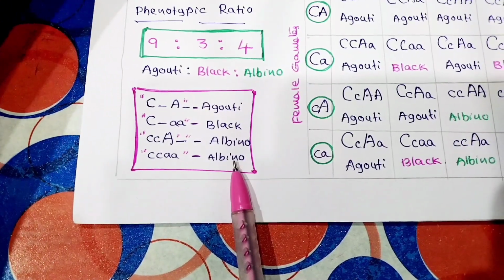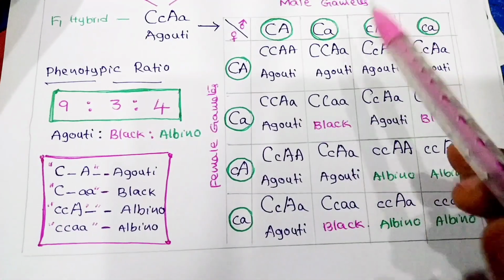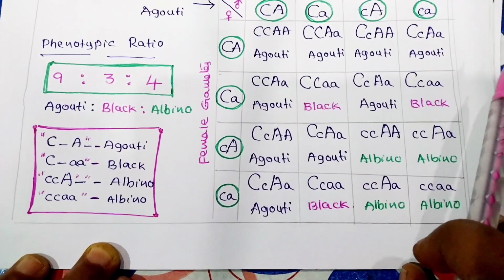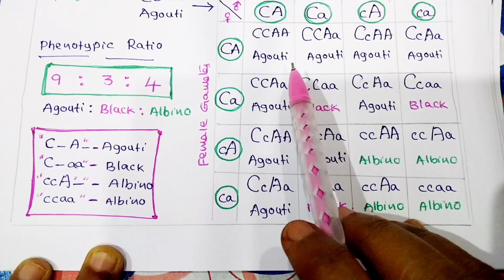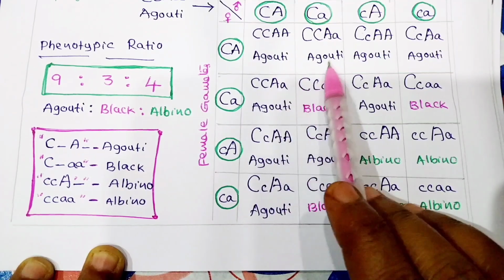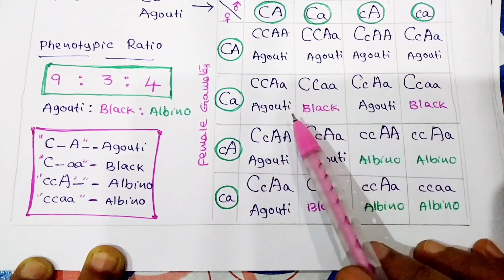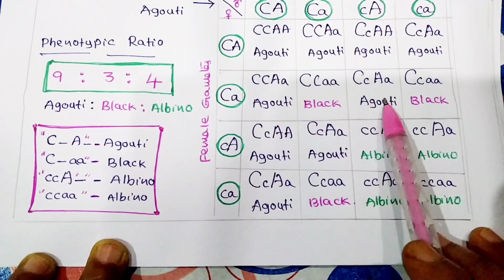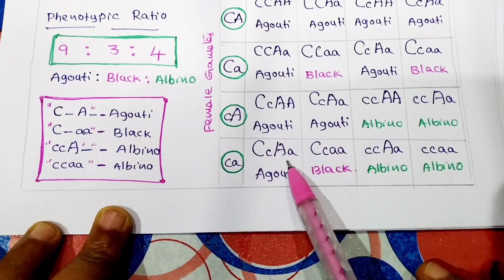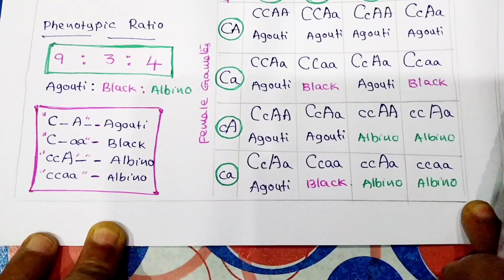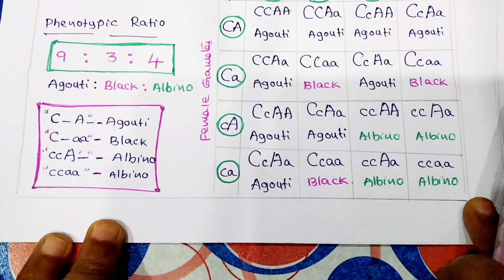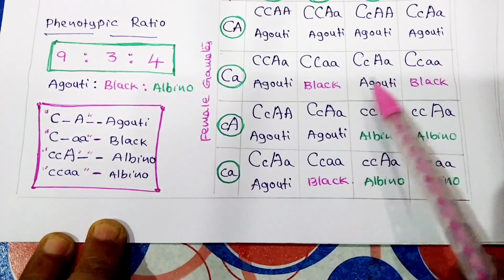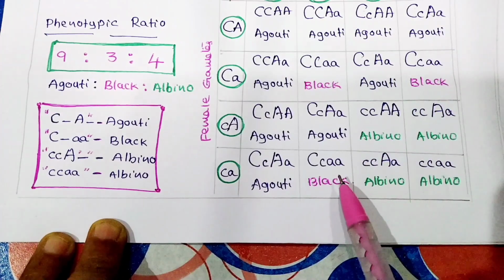Let's see the Punnett board. Wherever you find both the alleles in a single progeny, remember that agouti color will be produced. How many agouti will be produced here? 1, 2, 3, 4, 5, 6, 7, 8, 9. So 9 agouti progeny will be produced. How many black colored individuals are there? 1, 2, 3 black colored individuals.